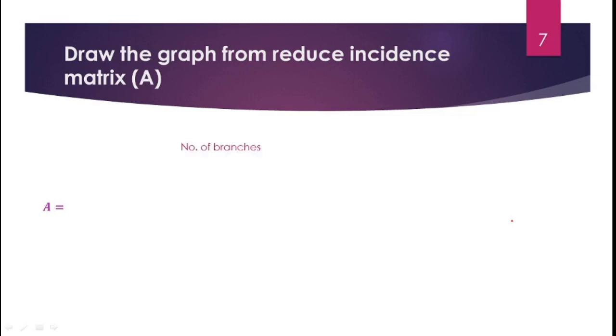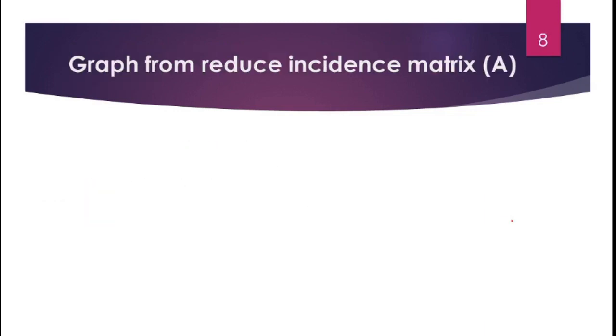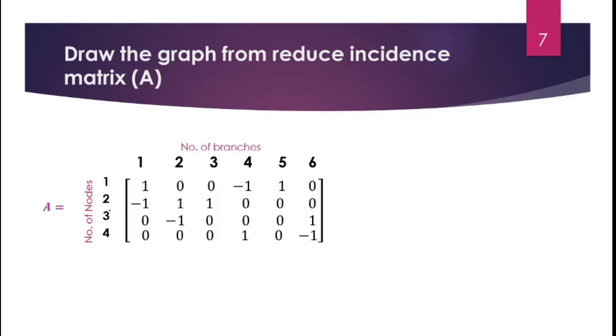So if this reduced incidence matrix is given, with these entries, first of all we have to check whether it is a reduced incidence matrix or not. So check the column entries. What are the column entries here? 1 minus 1, so that is 0, fine. For the second column, 1 minus 1, 0, fine.